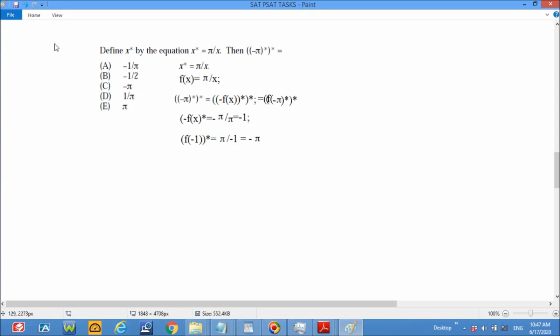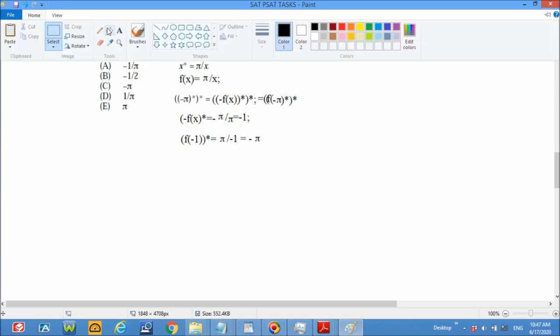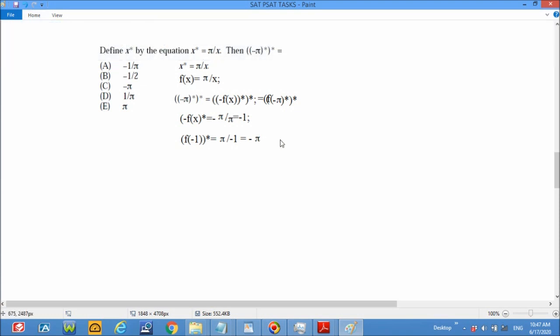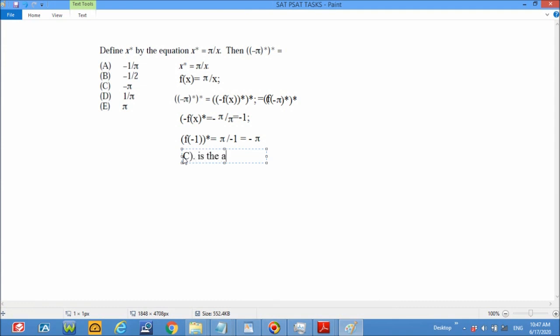We can write that the answer C is the answer.